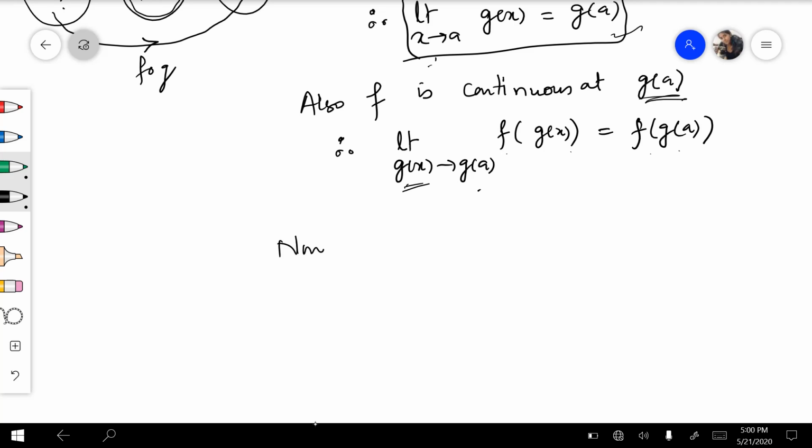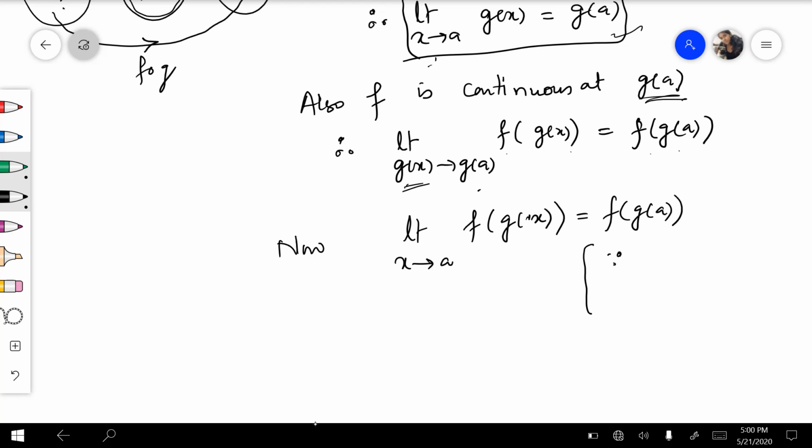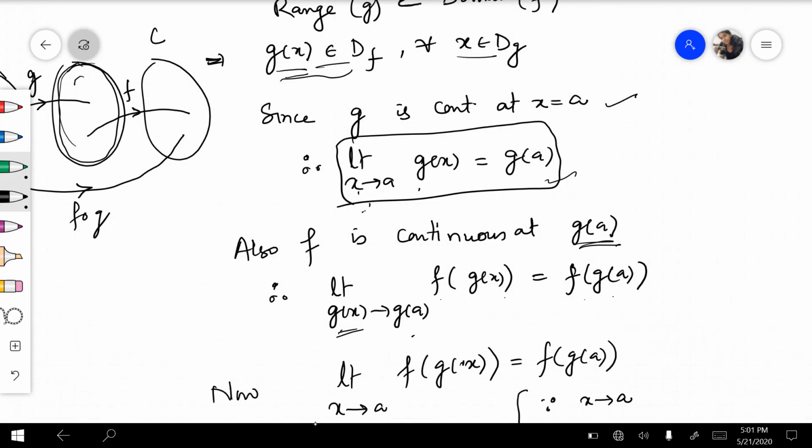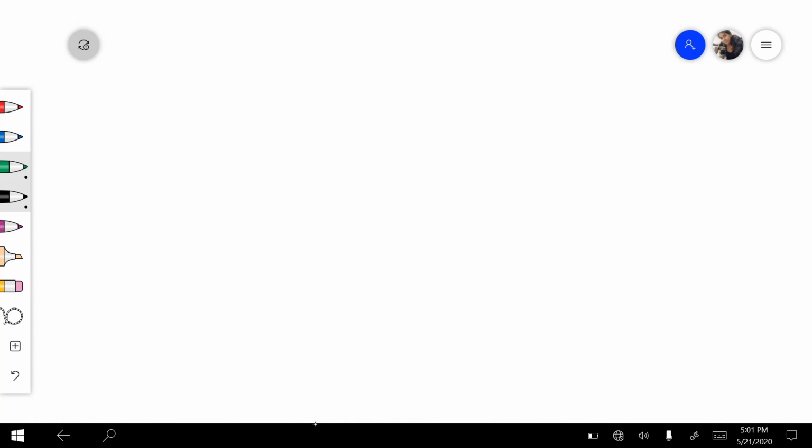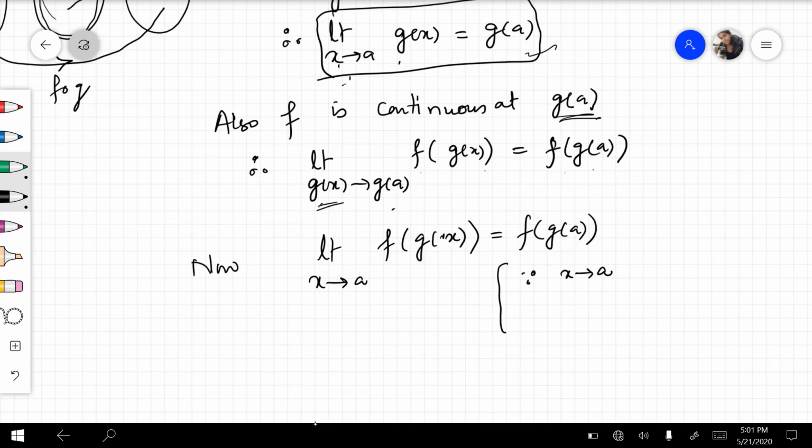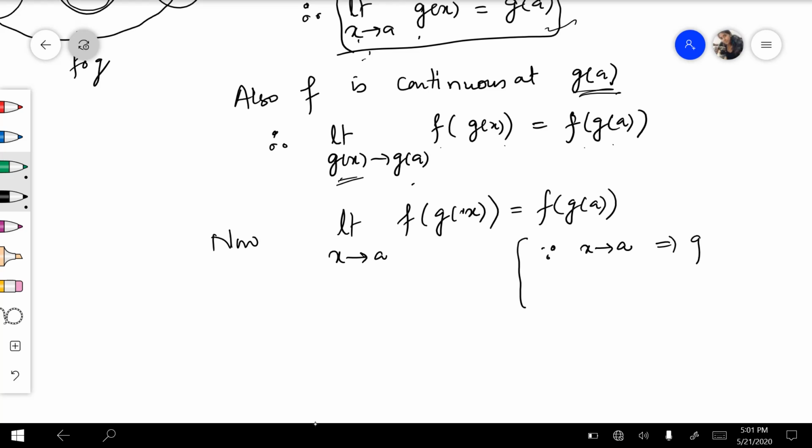Now limit x approaches a of f of g of x is equal to f of g of a. इस पॉइंट को अंडरस्टैंड कीजिएगा. When x approaches a, this implies gx approaches g of a.